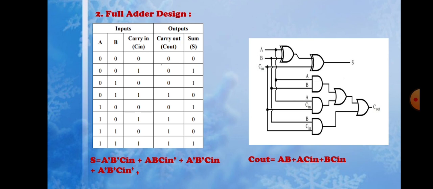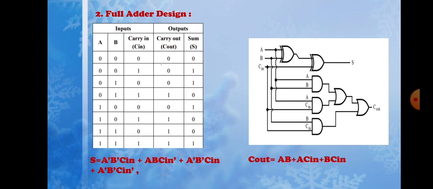If we have A value 1, B value 0, C in is 1, we have the sum 0, carry out is 1. If we have A value 1, B value 0, carry in is 0, we have the sum value 1. So according to the inputs, we have the values of sum and carry out.